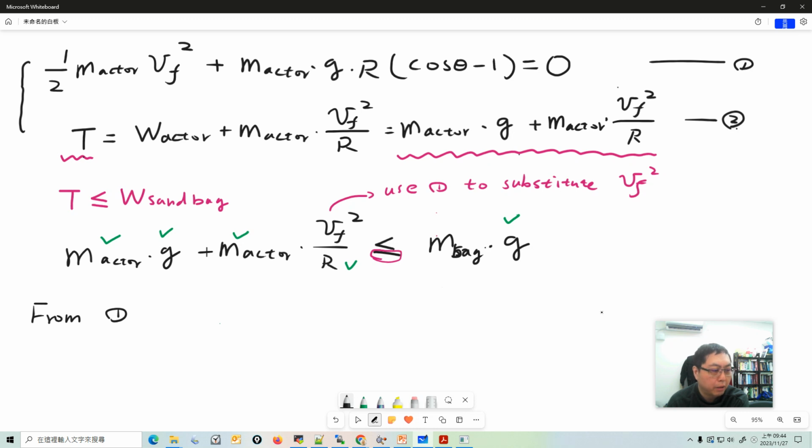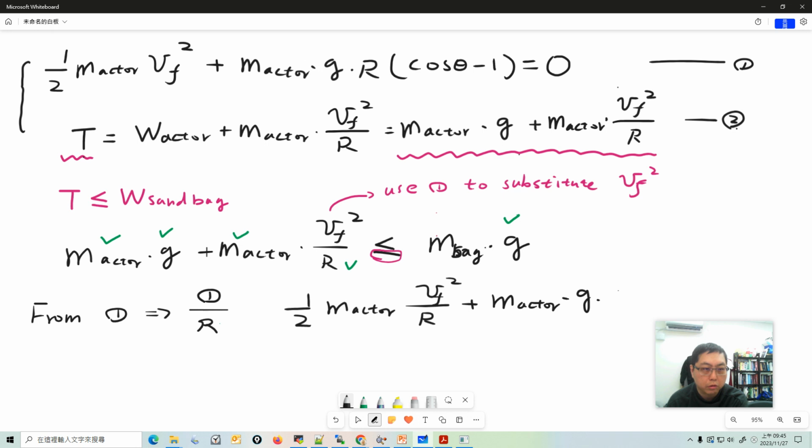I divide equation one by R, and then I will have 1 over 2 m actor R vf square plus m actor times g times cosine theta minus 1 equal to 0. And then I times 1 over R and times 2.